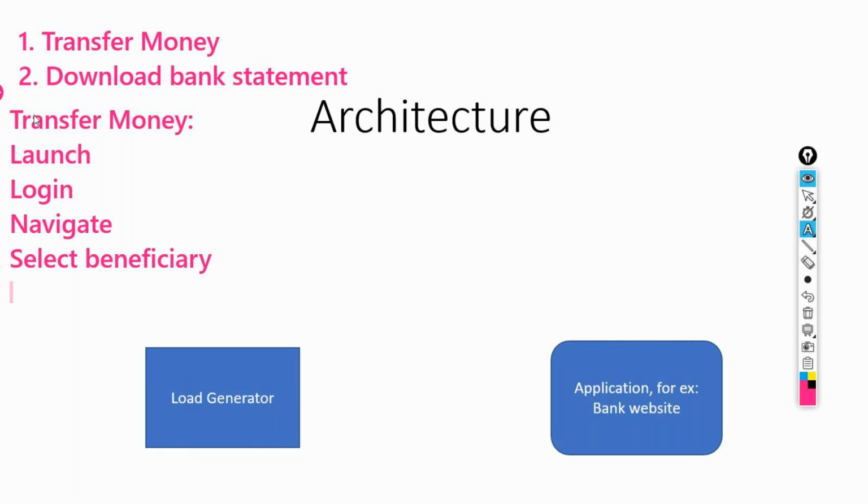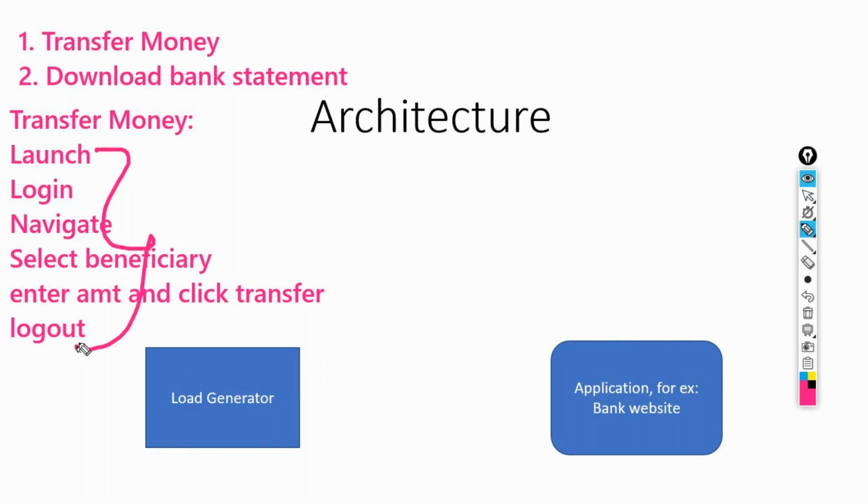Then the user will enter the amount and click transfer, then the user will log out. These are the common actions that a user performs for the transfer money scenario. So these steps need to be executed by these virtual users.